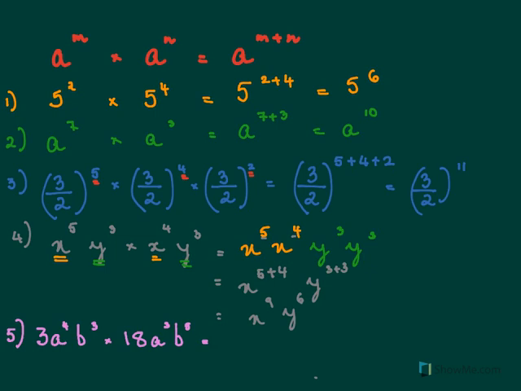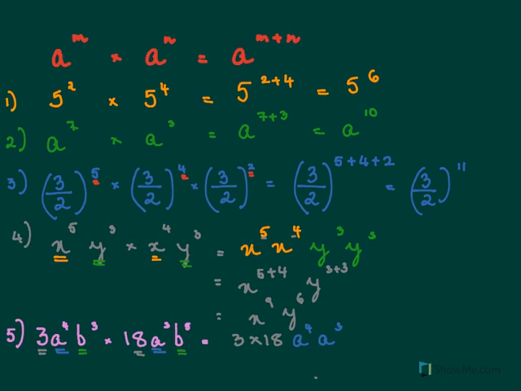3 into a raised to 4, b raised to 3 into 18, a raised to 3, b raised to 4. So here again we have many terms. First is the 3 and 18, we'll put together. Then we have an a here, we have an a here, so we put the a together, a raised to 4, a raised to 3.